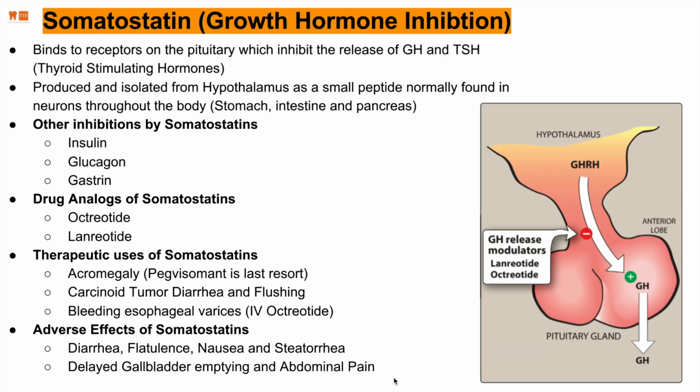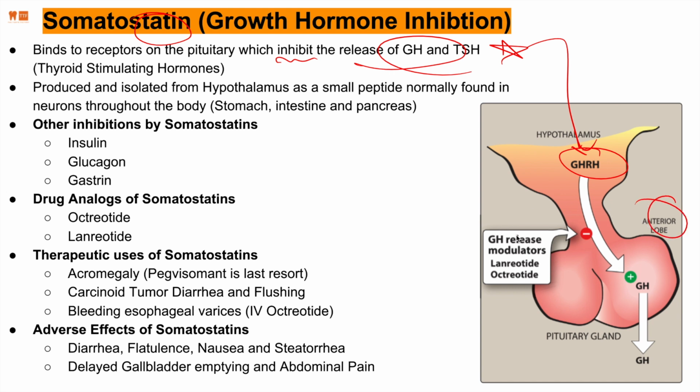Somatropins are inhibited by somatostatins. Next hormone on the list. It binds to the receptor on the pituitary, which inhibits release of growth hormones. Hypothalamus sends growth hormone releasing hormone to the pituitary's anterior lobe.